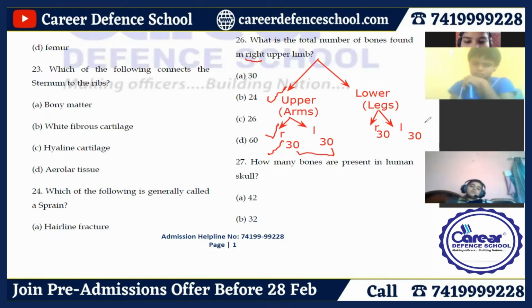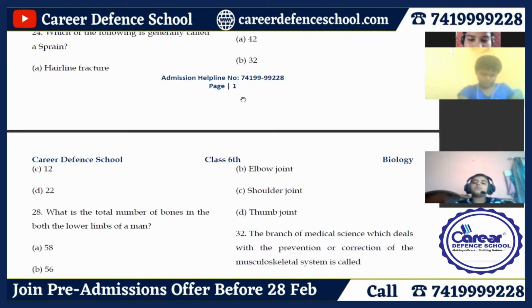So how many bones are present in the human skull? 42, 32, 12 or 22? Yogeshwar, can you answer this question number 27? Ma'am, 22. Very good. There are 22 bones in our skull. So its answer is 22. This is the D answer. Very good. Its answer is D.